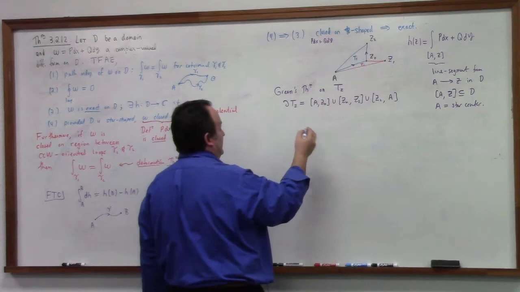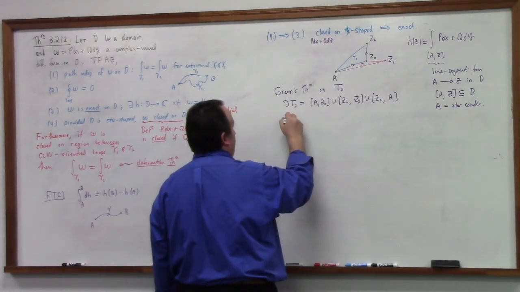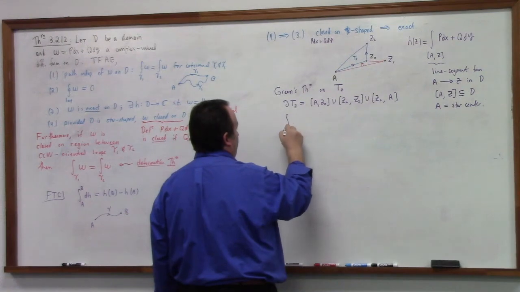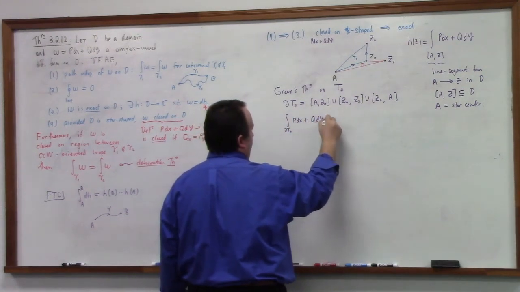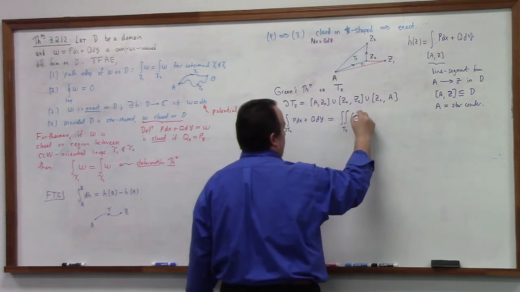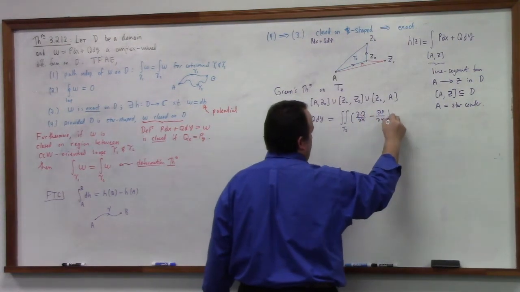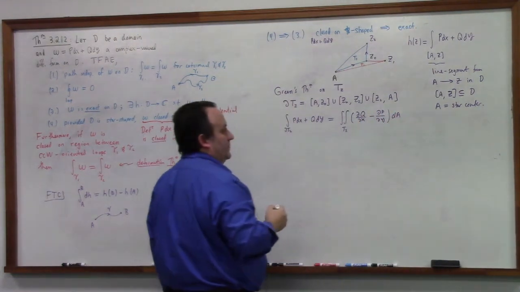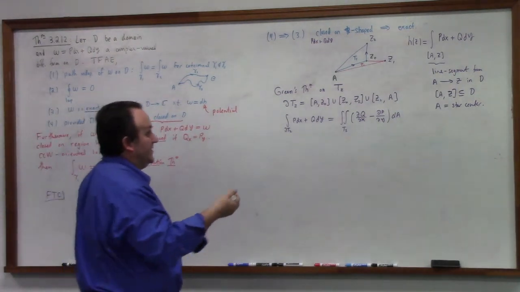Green's theorem then says that the integral over the boundary of T2 of Pdx plus Qdy is the area integral of partial q partial x minus partial p partial y. But remember, omega is closed. What does closed mean?